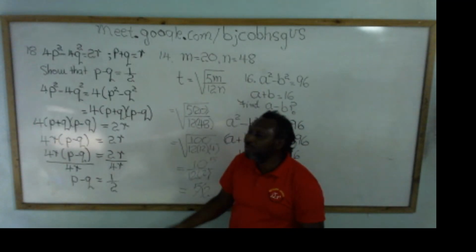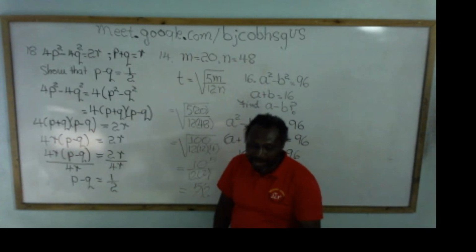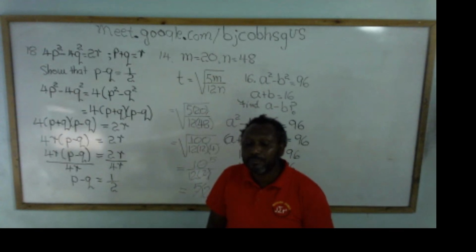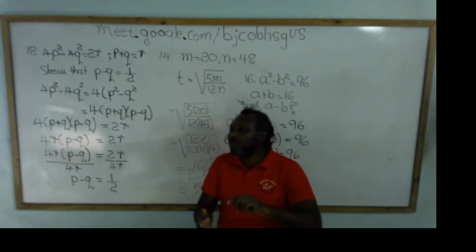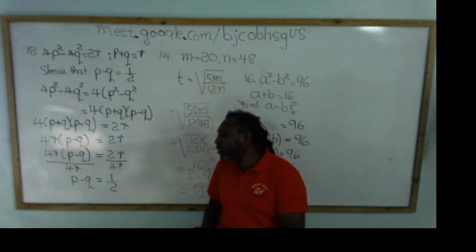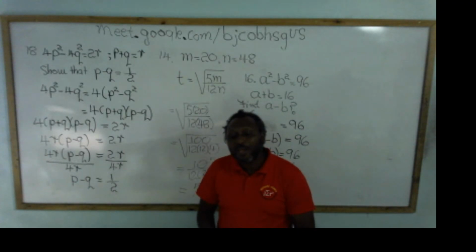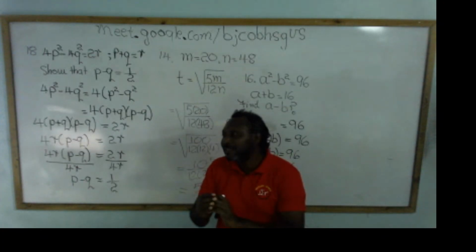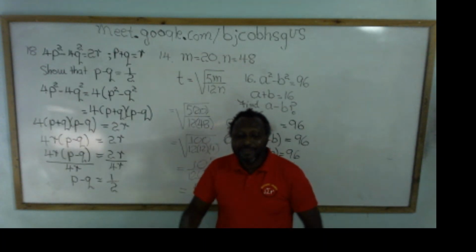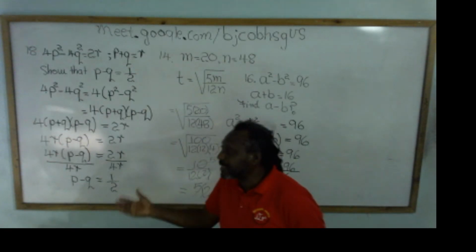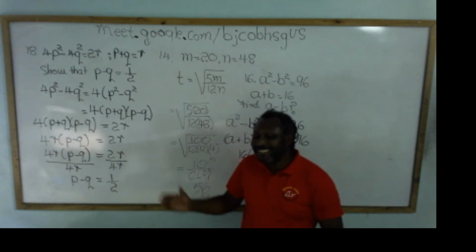Additionally, you need to be aware that there's a common factor of 4 that you should really take out before doing any other factorization. Students, no matter what expression is given to you, and it says factorize, no matter if it's a sophisticated trinomial or a simple trinomial like the ones we did today, or your difference of two squares or your perfect square, even if it is something that you're going to be factorizing by grouping, make sure that if there's a common factor, you see that first and take it out.